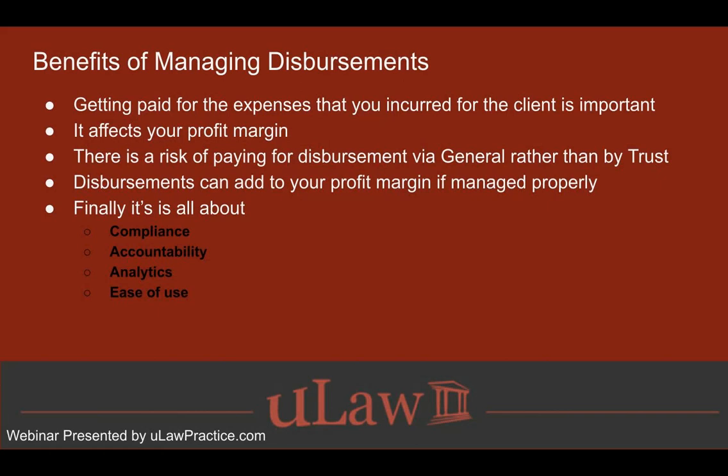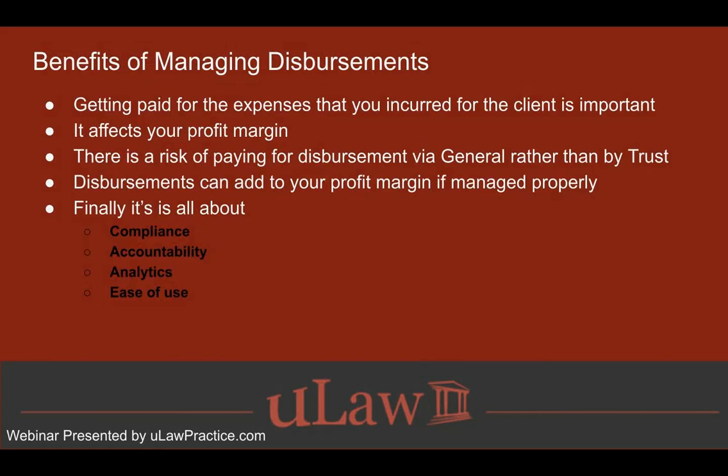Definitely getting paid for the expenses that you incurred for the client is as important as getting your legal fees paid. There's a risk of paying these disbursements via general rather than trust, like I already said. Not all times you can use your trust. So if you're recording these disbursements as paid from general, you might as well record them properly so you have them paid out to you along with your legal fees.